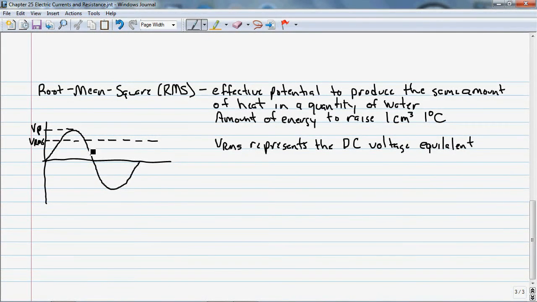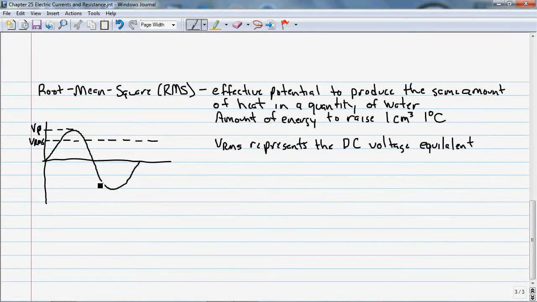I think I spelled that right. So if I were to put a DC current at the value of voltage RMS through a resistor, and I put this sine wave through the same resistor, I should get the same amount of heating based on both of those.